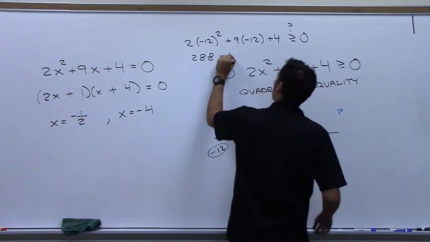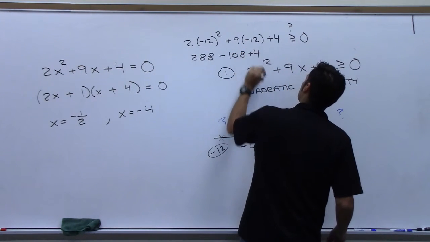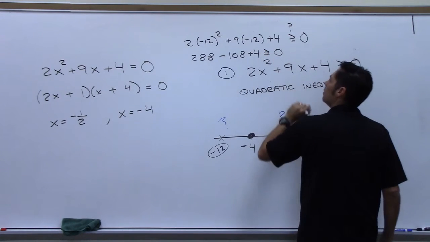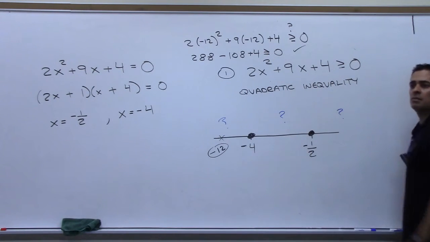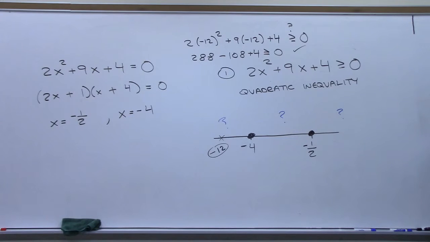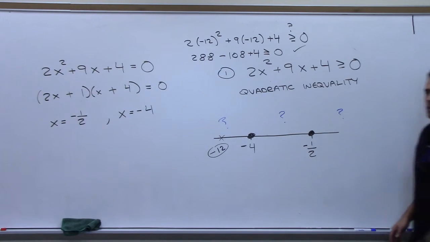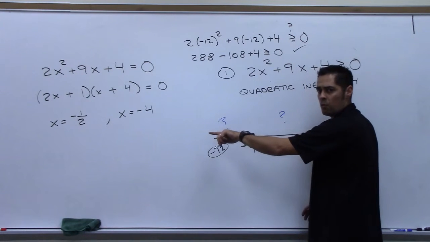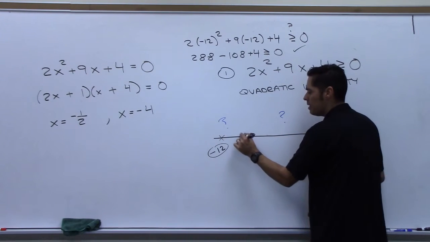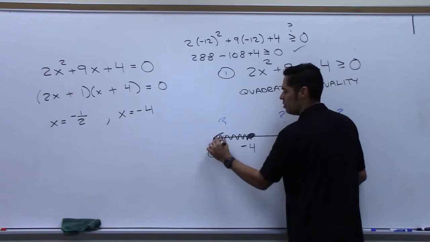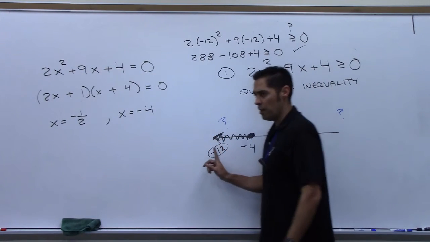Minus 108, plus 4. Is that bigger than or equal to 0? Yes, it's a positive number. That means everything to the left of negative 4 works. All you have to do is check one point.